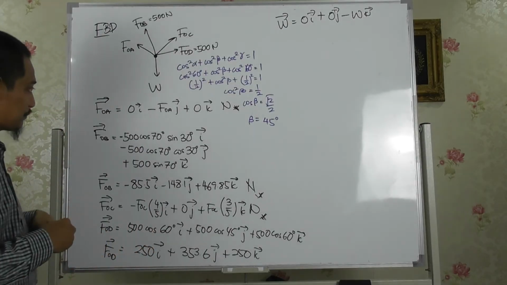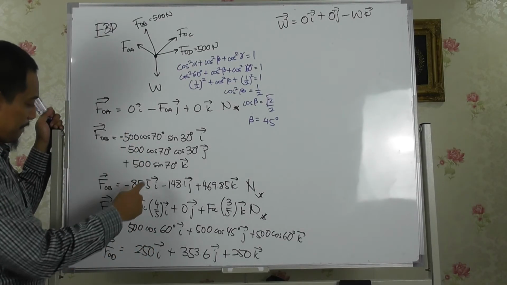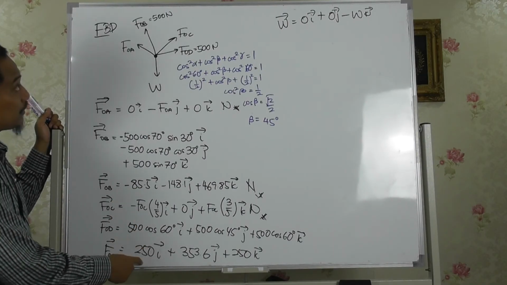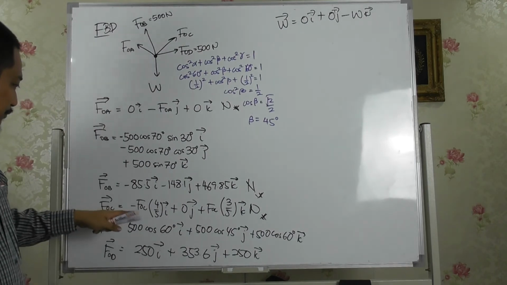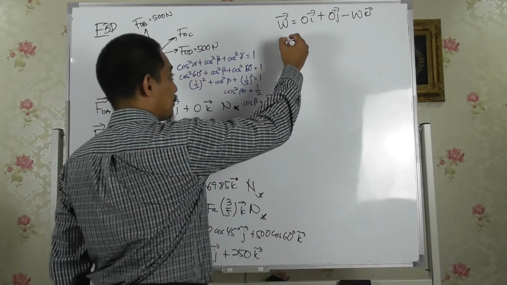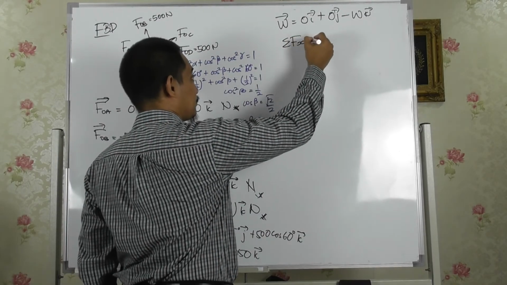Okay, let's try one more. For Fx, 0, a number, FOC, a number and 0. So you can solve FOC first and then we can go there, right? So doing summation of Fx equal to 0.